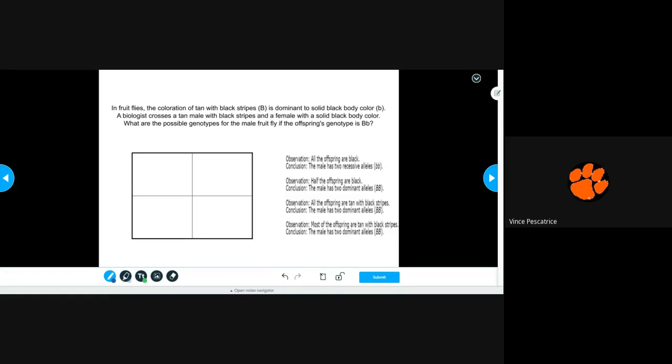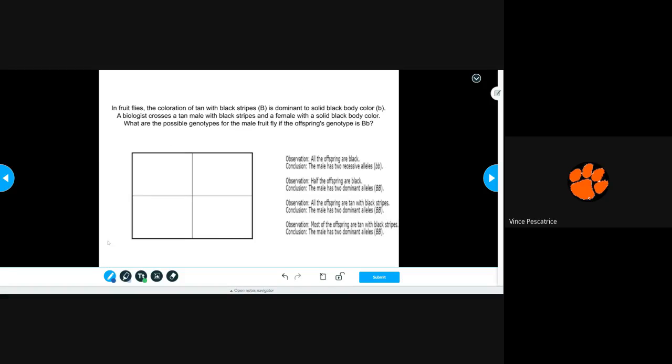What are the possible genotypes for the male fruit fly's offspring if the male fruit fly's offspring is uppercase B, lowercase b, which is heterozygous? So let's go ahead and use this box. Here are the possible answers right here. All right, so it's A, B, C, and D. So we have to choose which one of them is right.